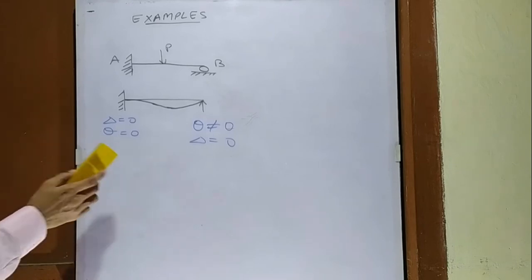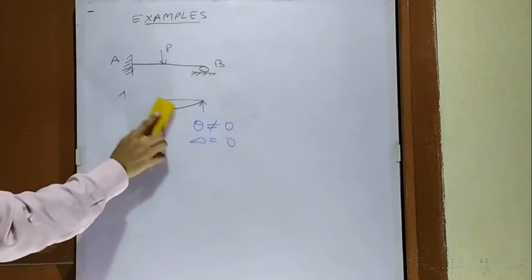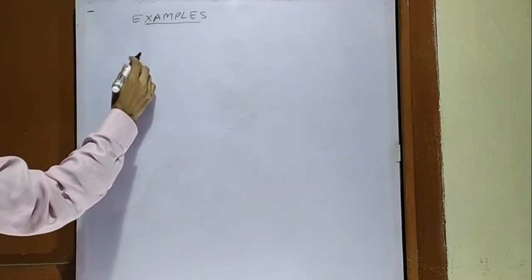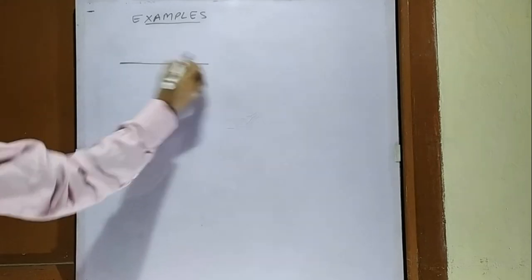So in this way we can draw the deflected shape for this case of loading. Now we will take another example which is very important and also a tricky case. This is our beam.